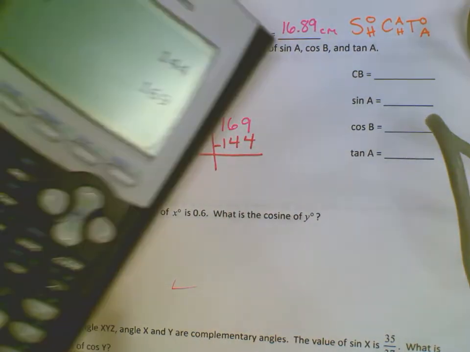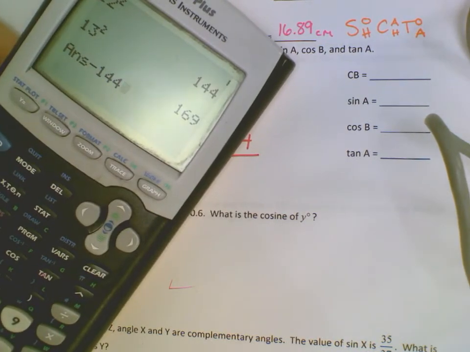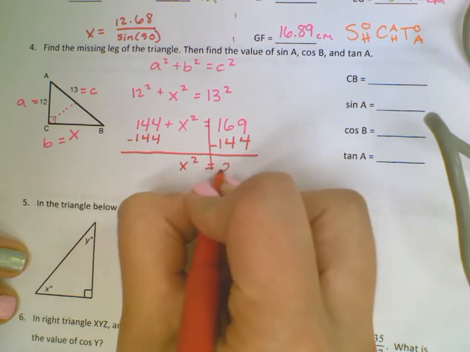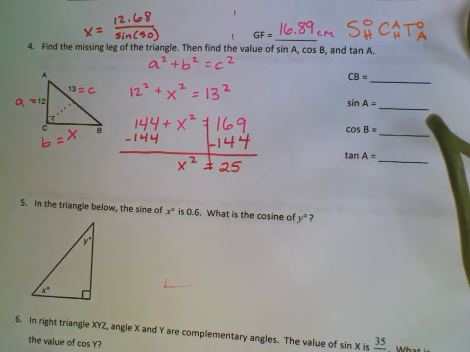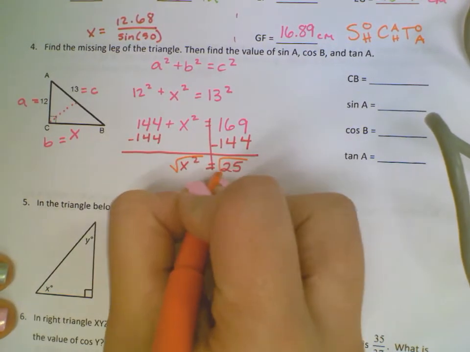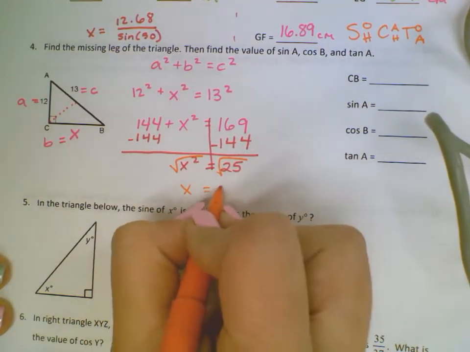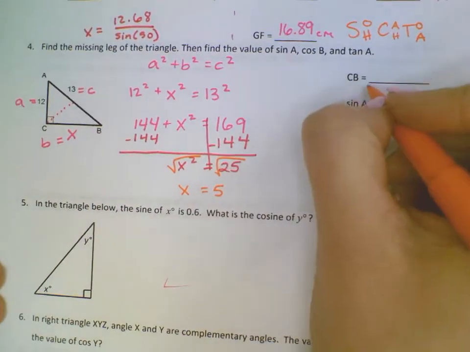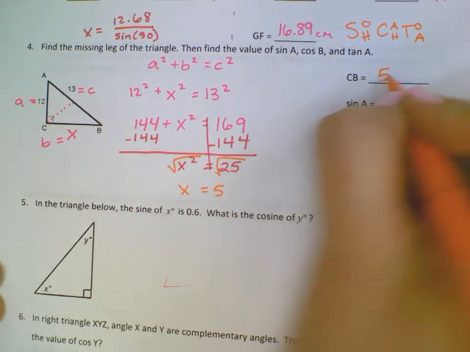And I'll do 169 minus 144, which will give me 25. So x squared equals 25. To solve for x, I'll take the square root of both sides. That means x will be equal to 5. So BC or CB has a length of 5. We were not given units, so 5 is fine.